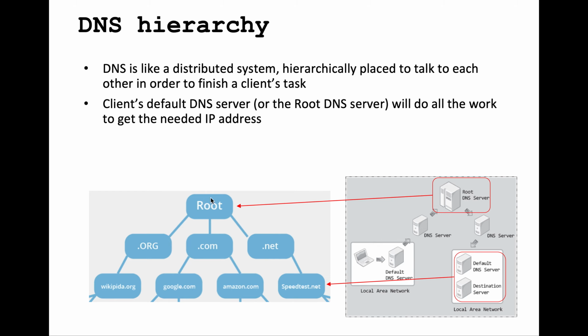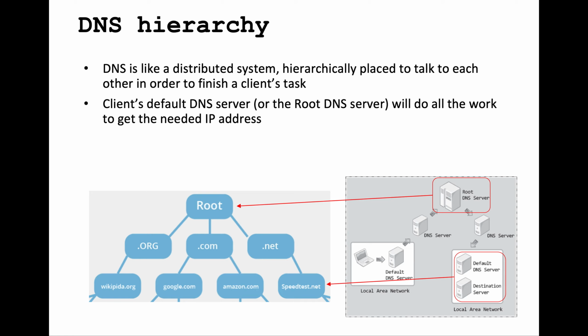So that root is the biggest DNS server available that connects the second level domain name servers. The second level can be .org, .com, .net, .co, or whatever. So there are a lot of second layer domain name servers.